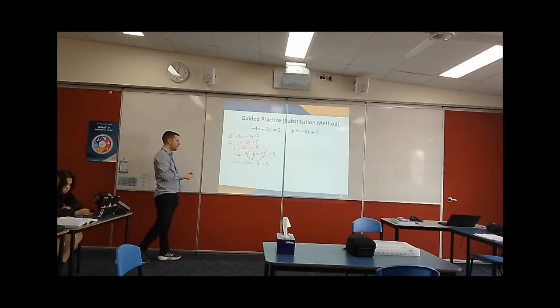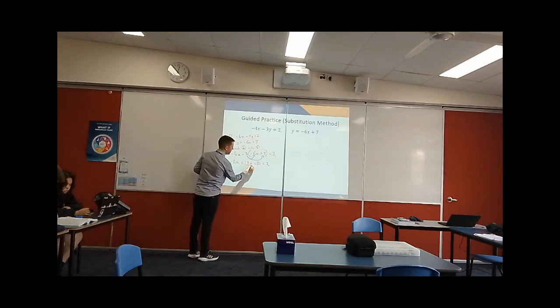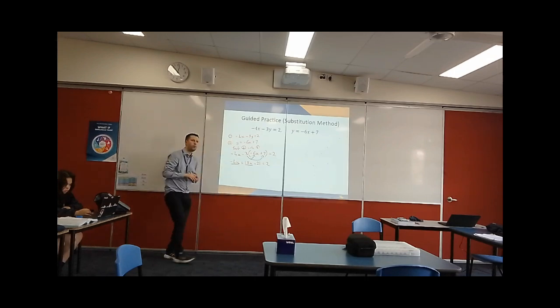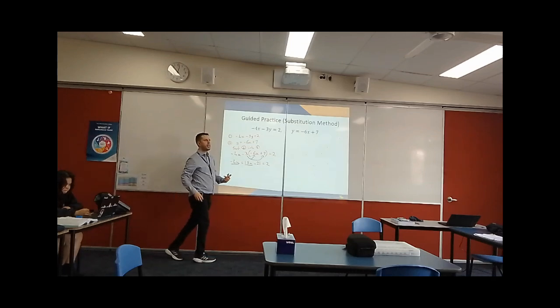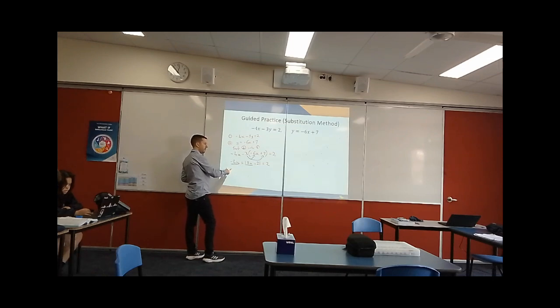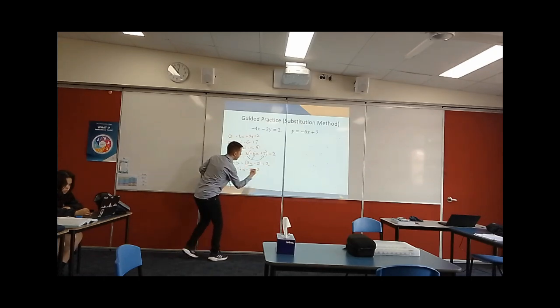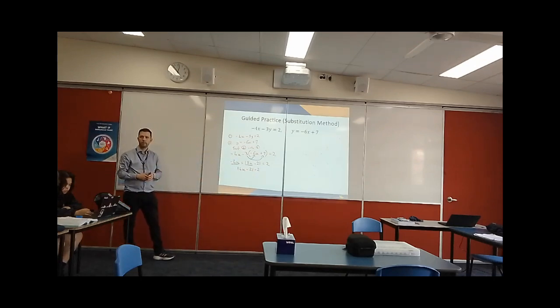The next part is looking for like terms. Before I do anything more, I want to simplify. Negative 4x plus 18x is what, Brian? 14x. Take away 21 is equal to 2.